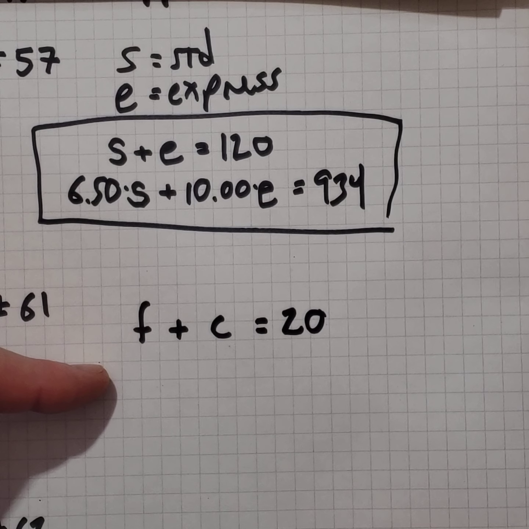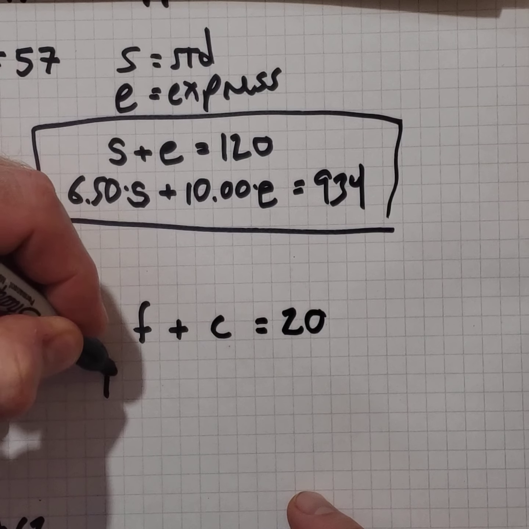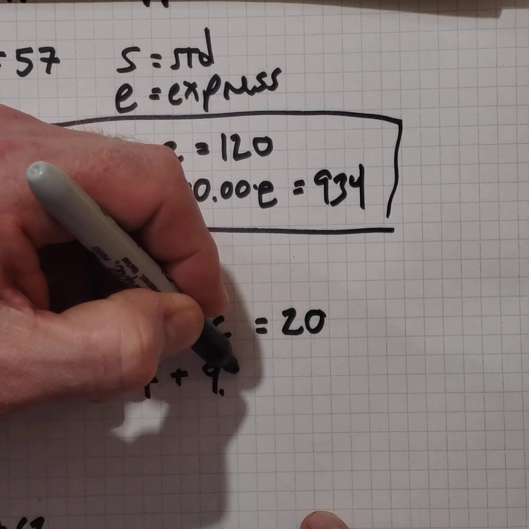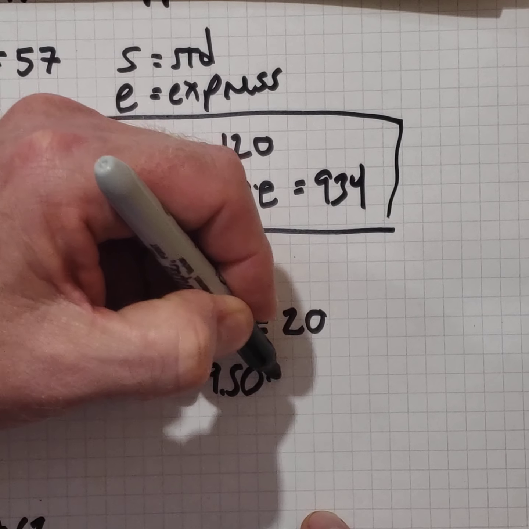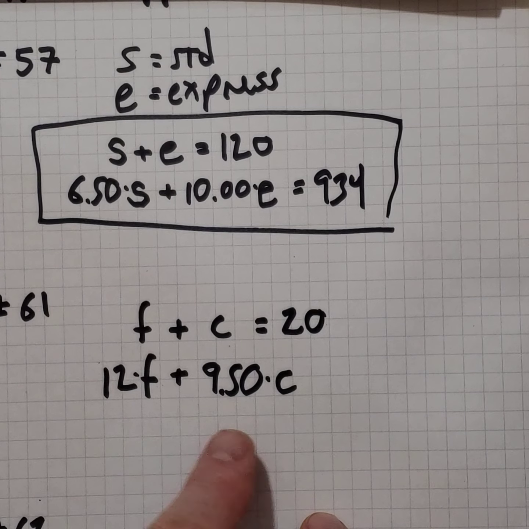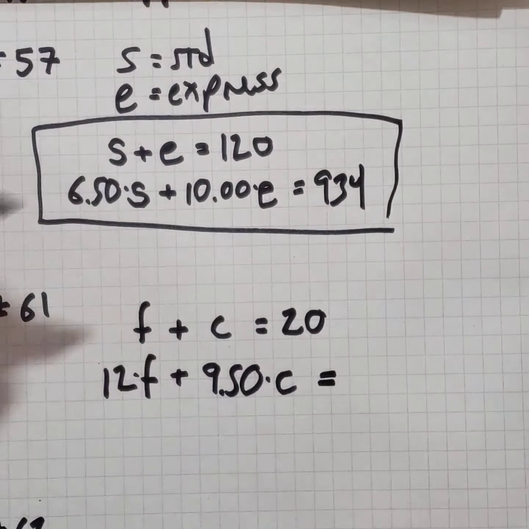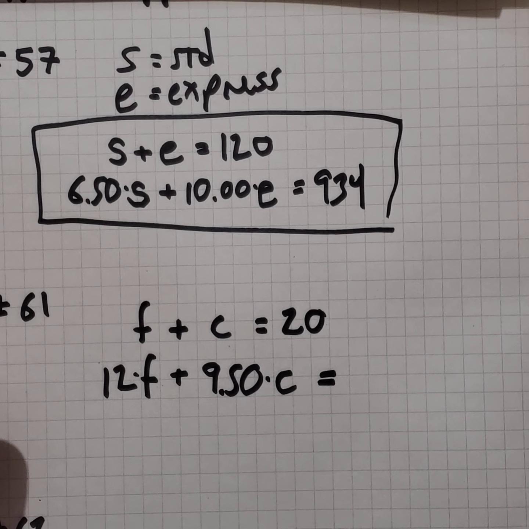The French was $12 a pound, so the total value of the French coffee in the mixture is 12 times however many pounds there are. $9.50 per pound for the Colombian, so $9.50 times however many pounds, and that'll give us how much all of that coffee is worth.